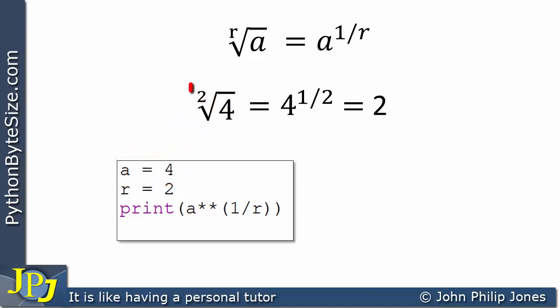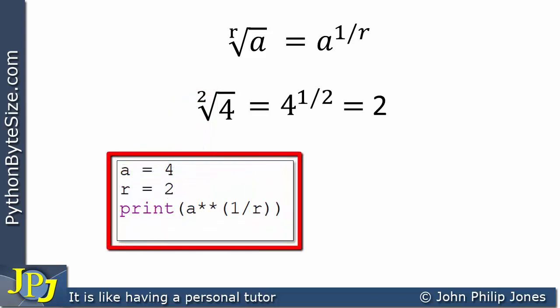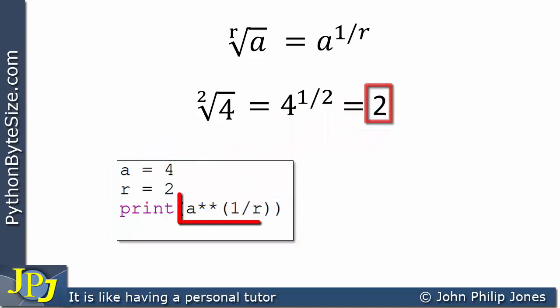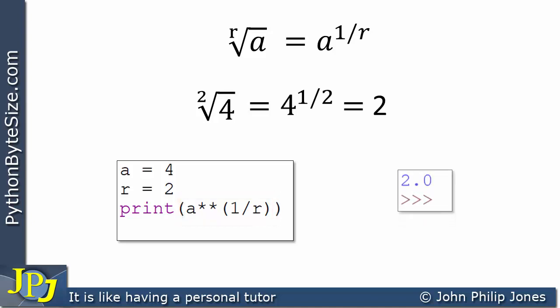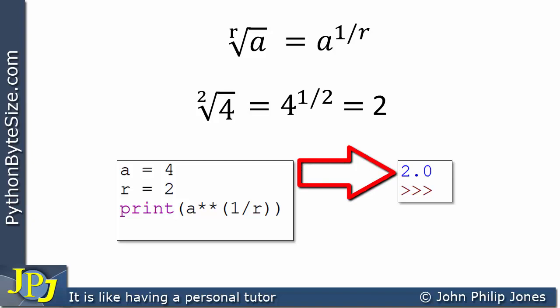And I'm setting this value of r, as you can see here, to 2. So when I execute this program, I am expecting it to give us the result of 2, because this should be finding the square root of 4. So let's look at the runtime, and you can see it indeed gives us 2. And you will note that it's a float, but it is the value of 2 nevertheless.